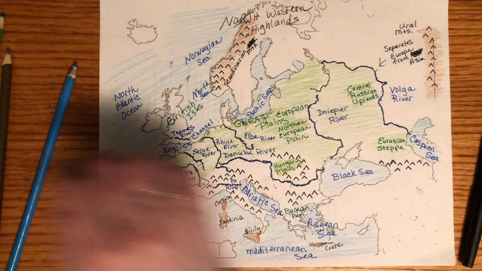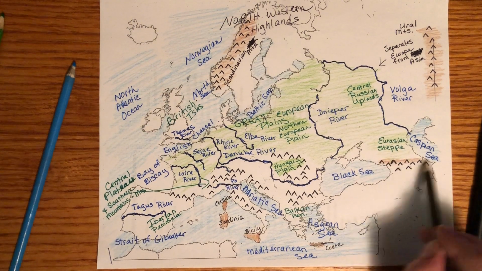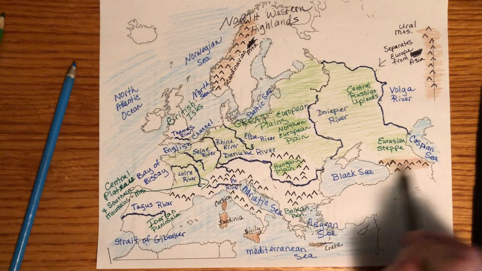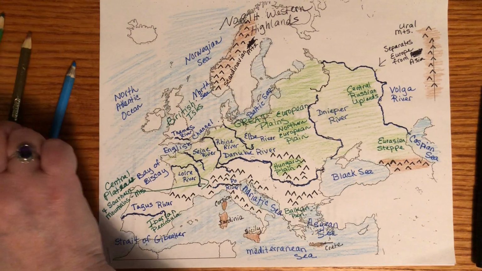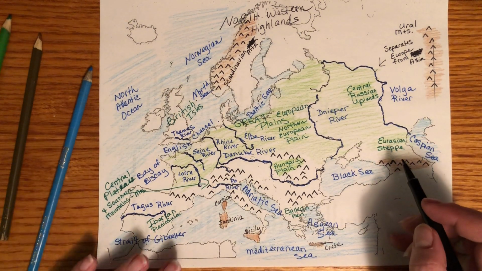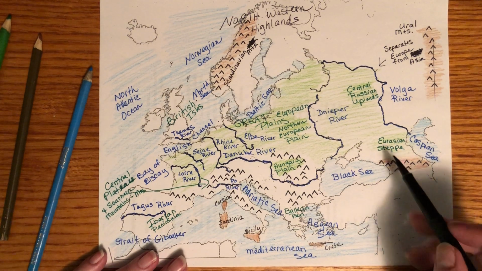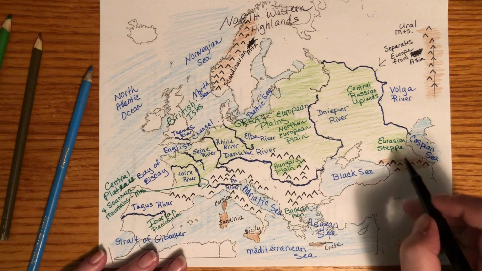Also, we have down here another mountain range, and let's take our brown pencil and color that in for a minute. What do you think these are called? Do you remember? These are called the Caucasus Mountains, and these are one of two ranges that separate Europe and Asia. Let's write it down here.